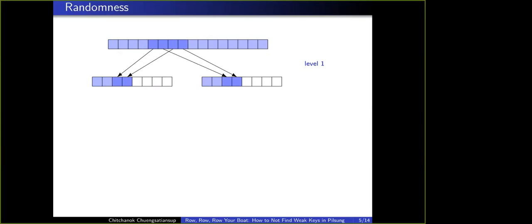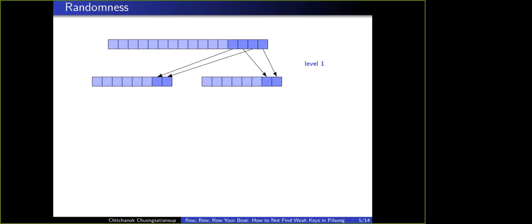Once it is done with the first 4 bytes, it looks at the next 4 bytes. Again, it uses another 4 bits, having exactly 2 ones and 2 zeros, and splits 2 bytes into one group and another 2 bytes into the other group. And again for the next 4 bytes and the last 4 bytes.